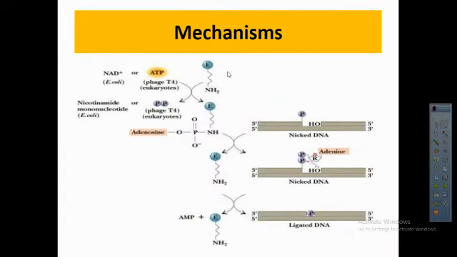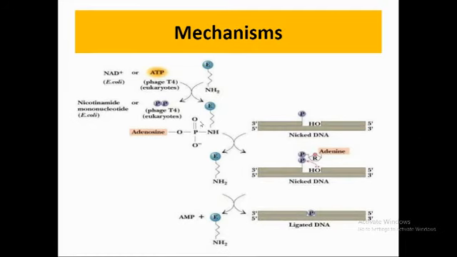So here is the representation of the mechanism. You can see here the NAD, it is a cofactor in the E. coli ligase, ATP for the others. In the first step, adenylation will occur, that is, the enzyme will interact with the AMP.